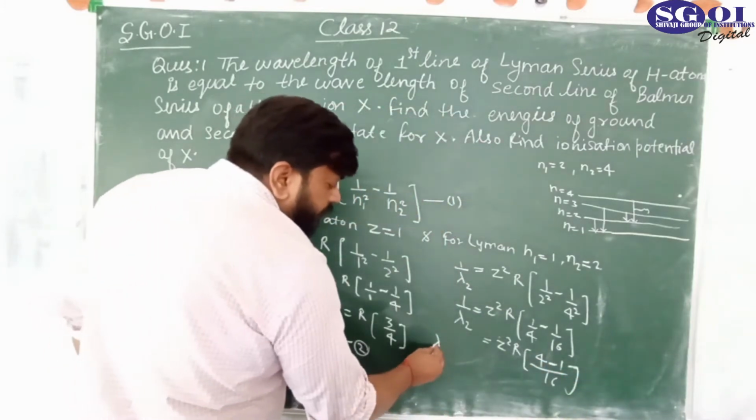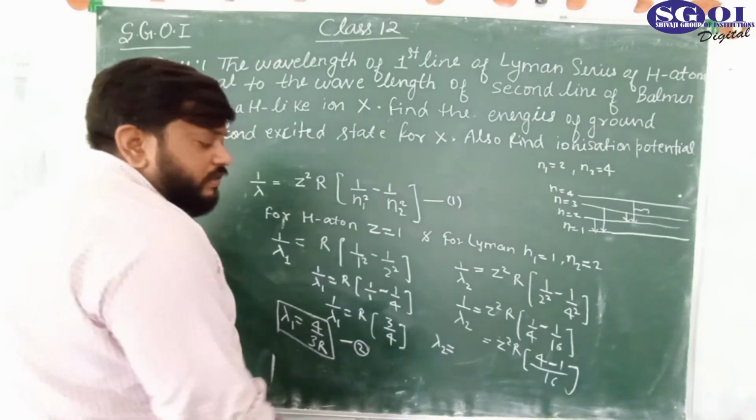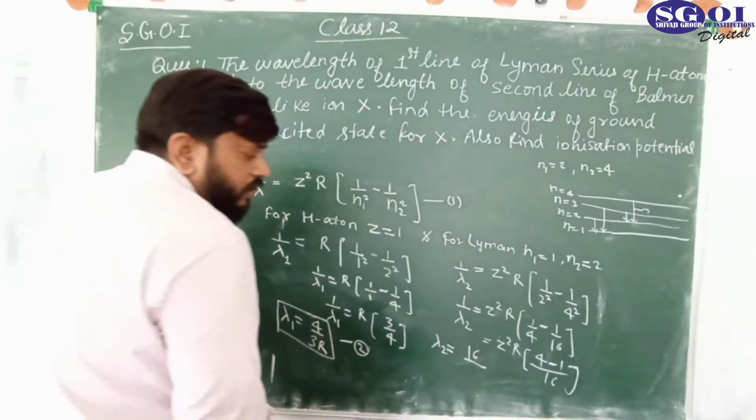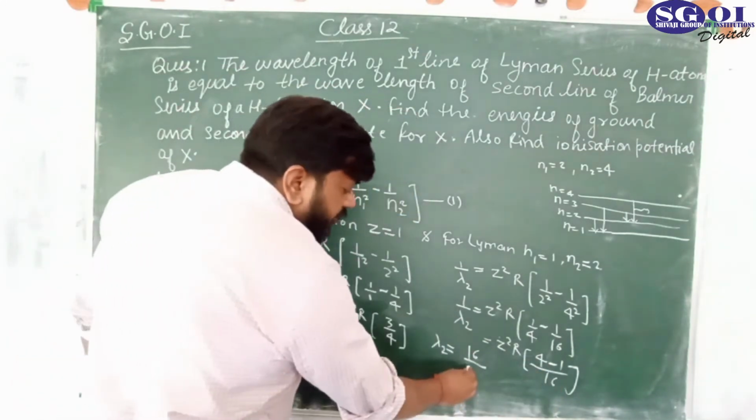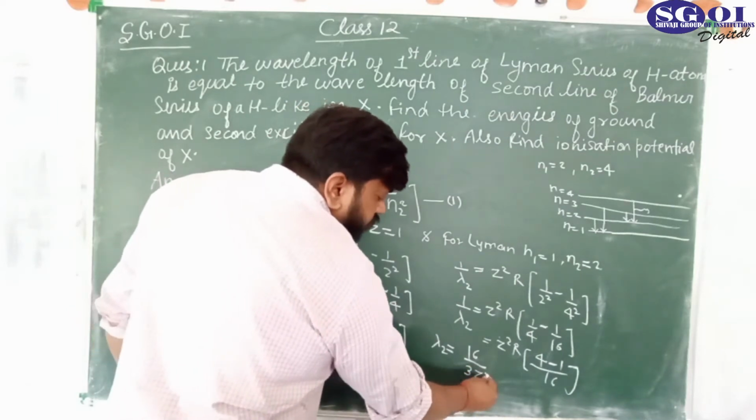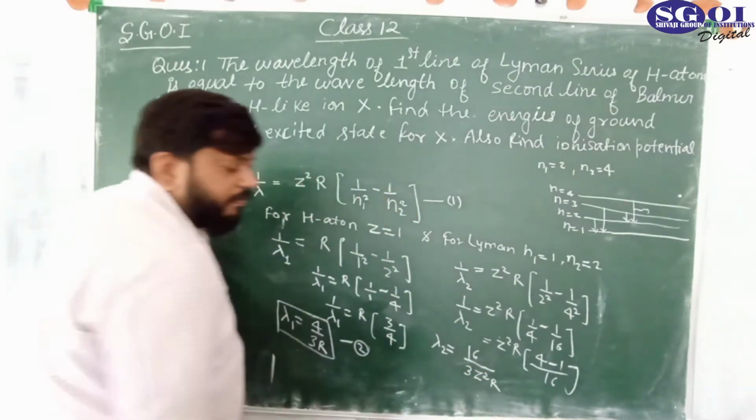So lambda 2 equal to 16 by 3 Z square R. This is lambda 2.